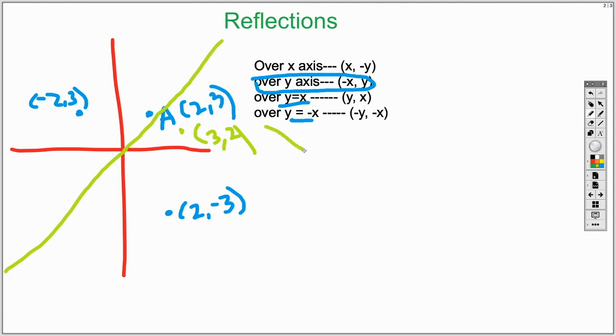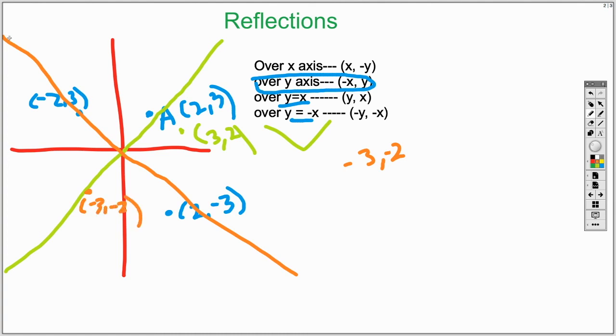And it's the same thing for y = -x, but instead of having a positive slope, it has a negative slope. If I reflect over here, (2, 3) would be flipped, so it would be (3, 2), but then we'd put our negatives, so this would become (-3, -2), which would be somewhere around here.